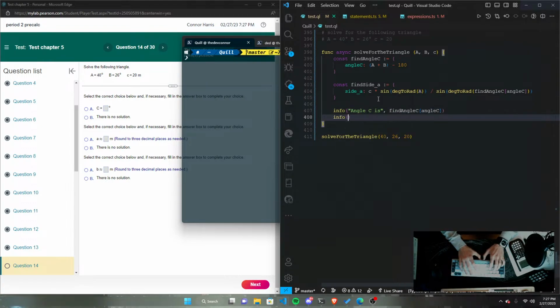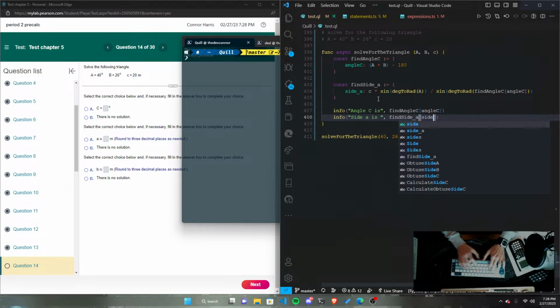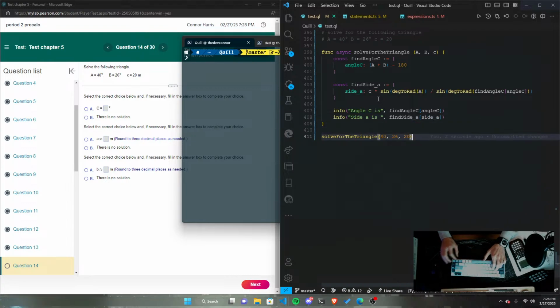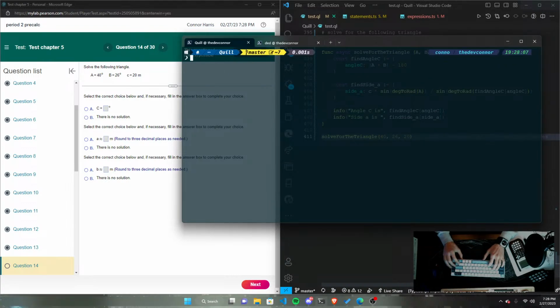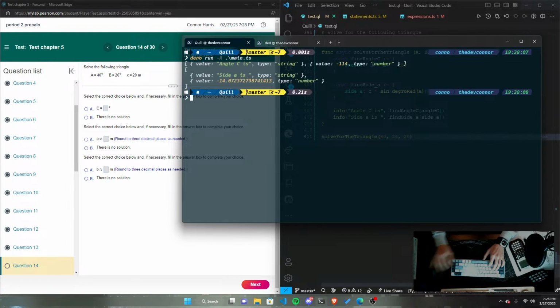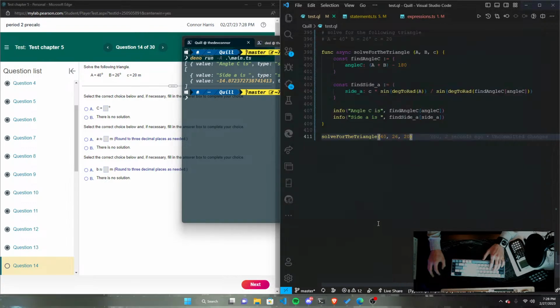Also want to info side A is of, find side A of side A. That should be a positive number.